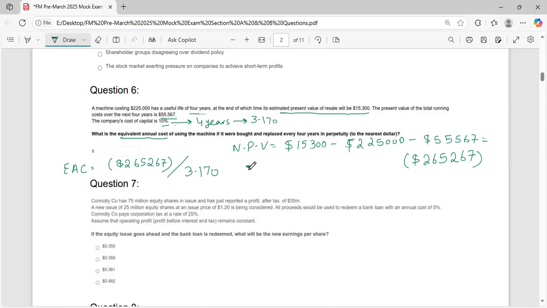So we will calculate equivalent annual cost: 265,267 divided by 3.17 gives 83,680. This is the equivalent annual cost, shown in brackets.